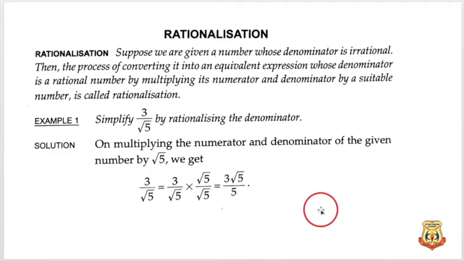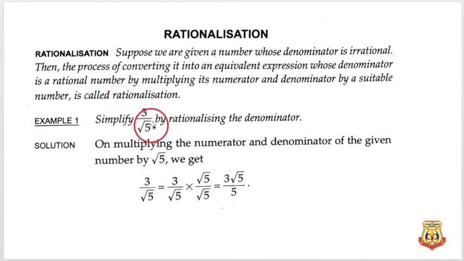Now one more topic, that is rationalization. What is rationalization? Suppose we are given a number whose denominator is irrational. So this is the number, and the denominator is root 5. Root 5 is what? Irrational. Then the process of converting it into an equivalent expression whose denominator is a rational number.